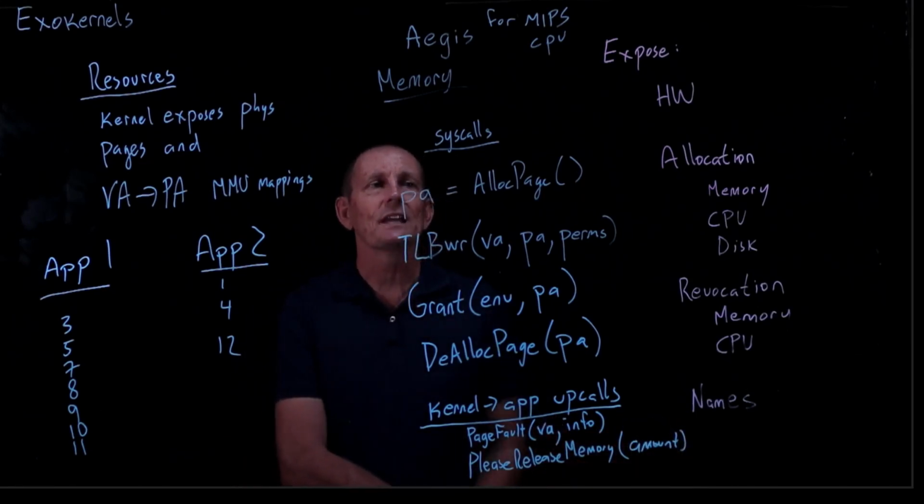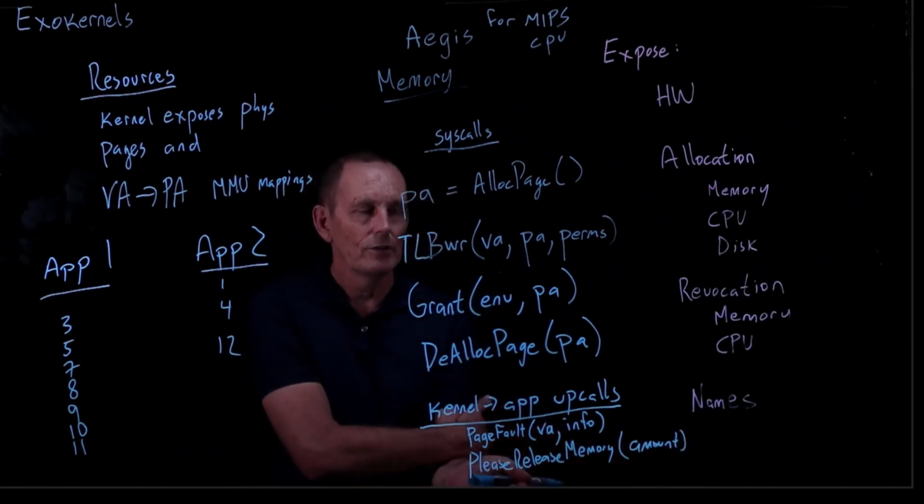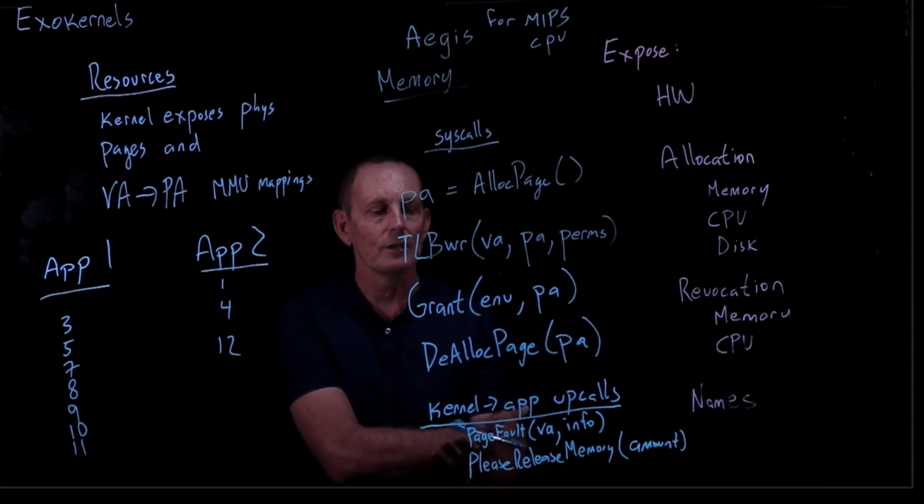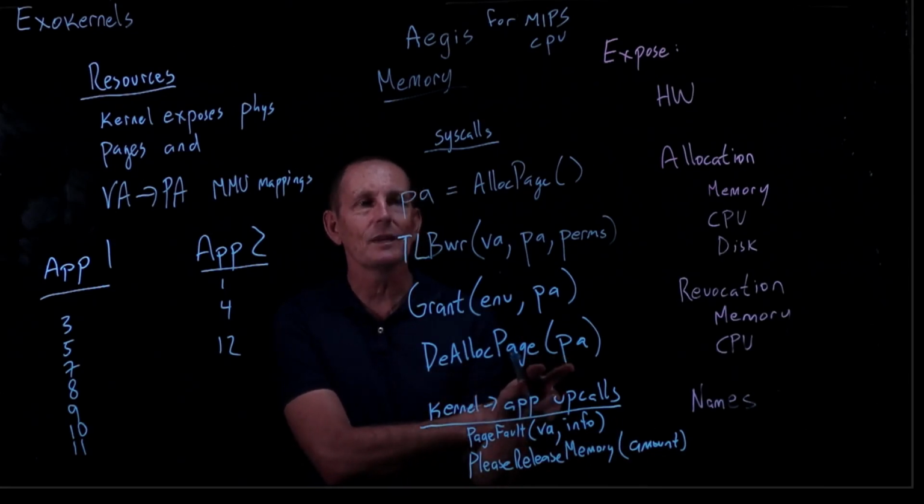Then it's up to the application when it gets this call. The application may already be running and we get one of these calls, or the application may not have been running and we actually context switch in to run one of these calls. In either case, the job is to release the amount of memory asked for. How? By calling dealloc page.